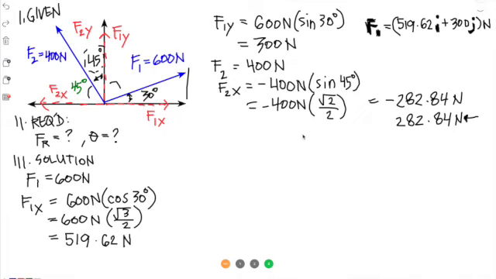Again, you store this value since we rounded off here.